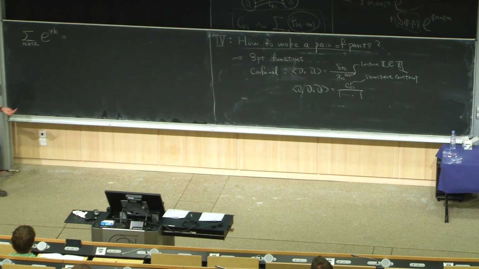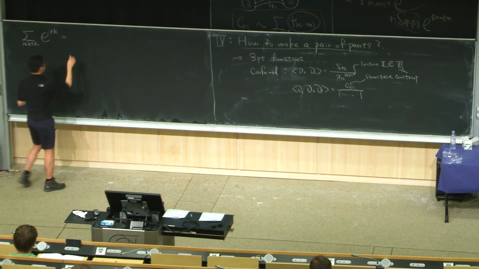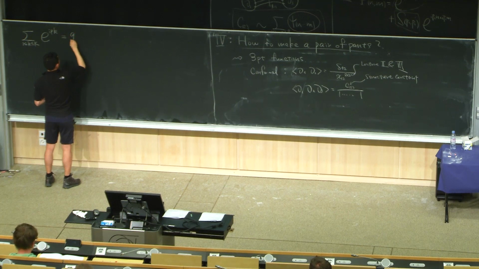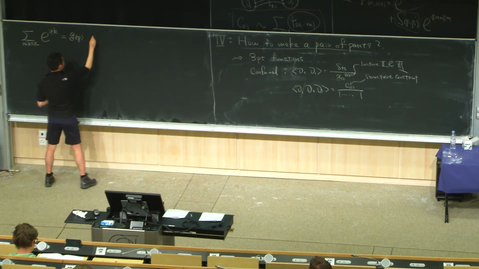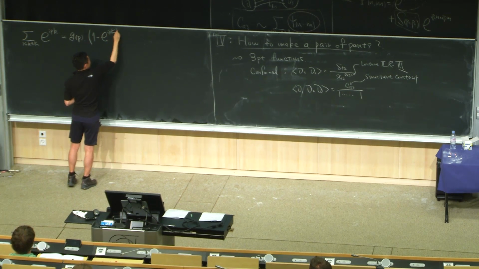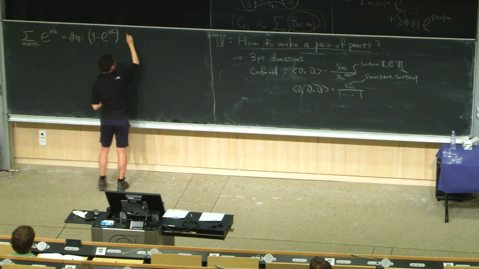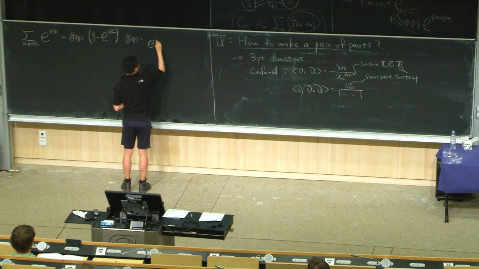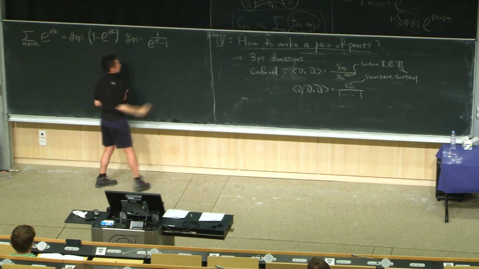It's almost embarrassing to talk about this sum in this winter school. This is just a geometric series, and you can easily show that it gives this structure, where G of P is, if I'm correct, e to the minus i P minus 1 over 2, divided by the remaining factor.